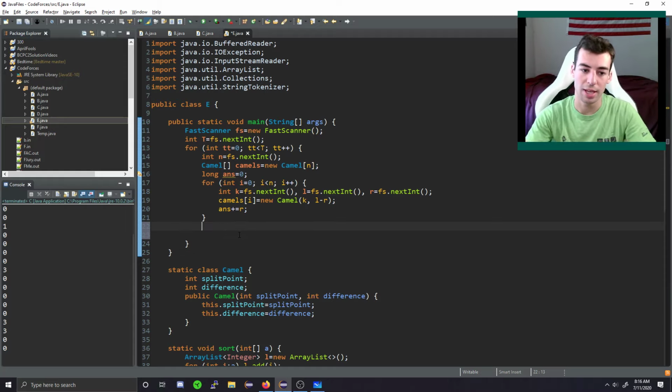So now we need to sort the camels by their split point.